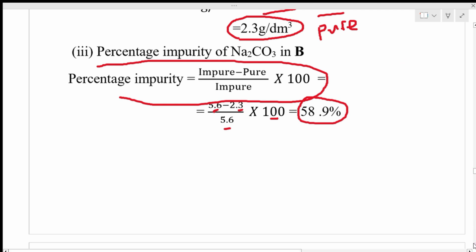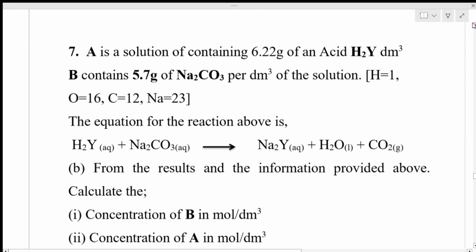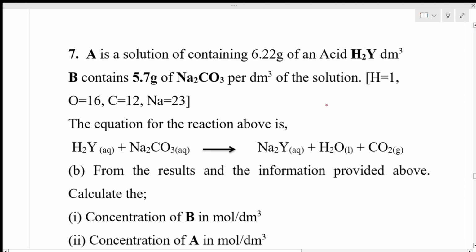Lastly, under this titration, among other questions, let's look at the last question. A is a solution containing 6.22 gram of an acid. The acid now is H2Y. You don't know whether it's H2SO4, we don't know what that is, but it says H2Y.